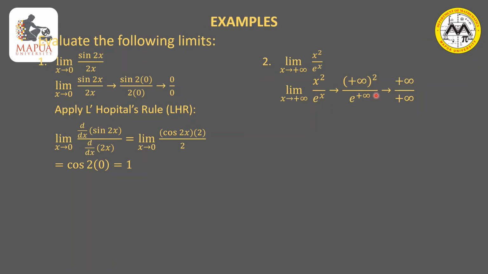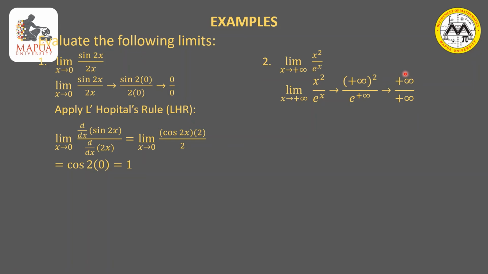So here, if we first investigate what the limit is, it is of the indeterminate form infinity divided by infinity. Now, this is the other form of the indeterminate form falling under the primary forms.